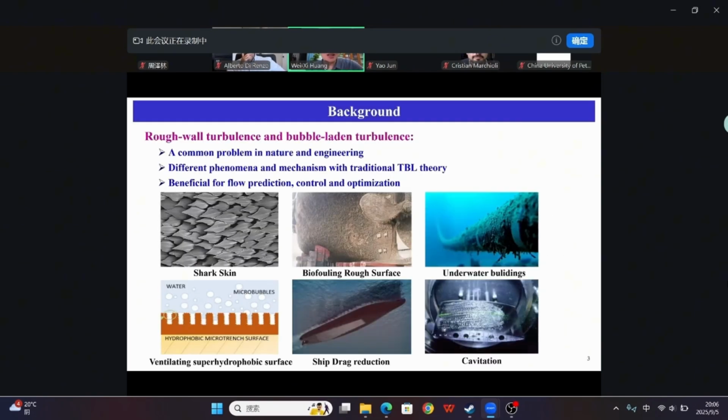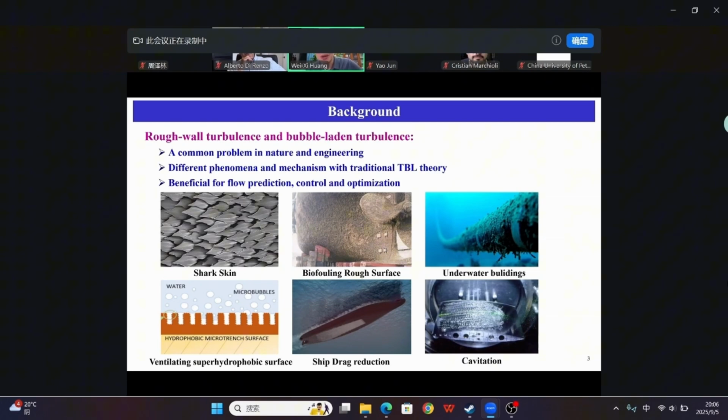In nature and engineering, rough wall turbulence and bubble-laden turbulence are common phenomena. In these studies, we can see different phenomena and mechanisms compared with the traditional single-phase flat wall turbulent boundary layer. Such study will also be beneficial for flow prediction, control, and optimization.